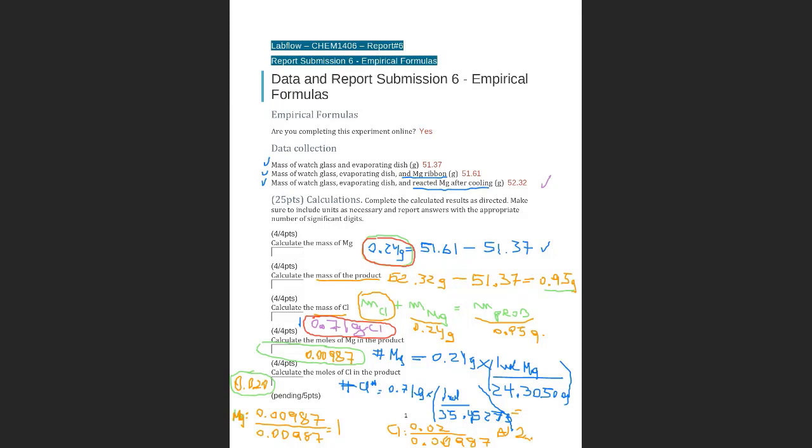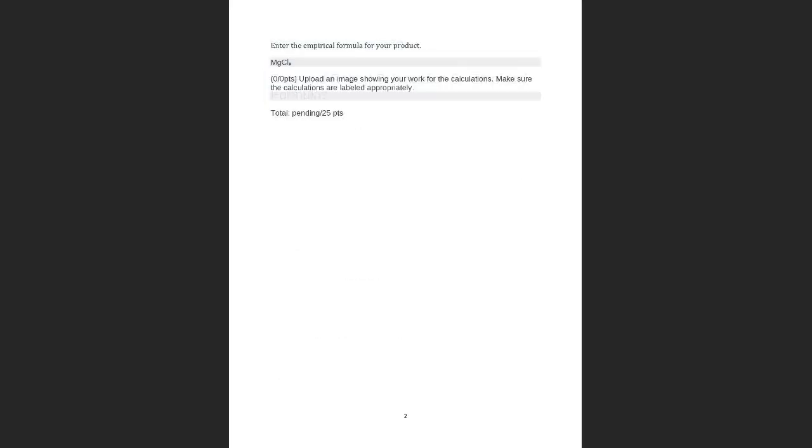So we got 2 for chlorine and 1 for magnesium. Here they will ask you to enter the empirical formula for your product. We calculated that magnesium is 1, and we don't write the 1.